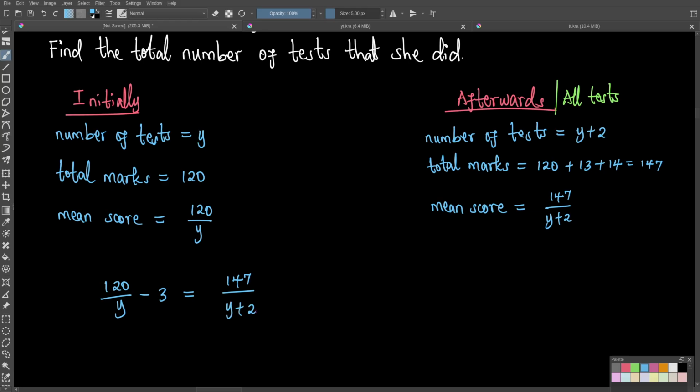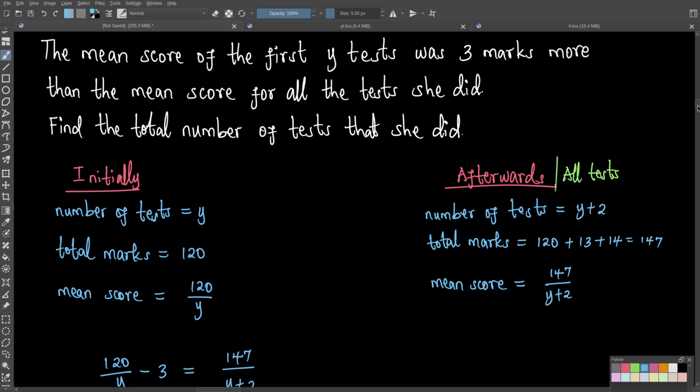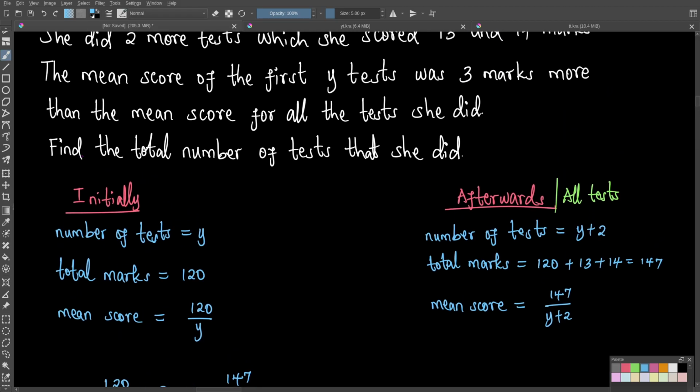So this is our equation. The question finally tells us to find the total number of tests that she did. That would be Y plus 2, so we are going to solve our equation and find the value of Y plus 2.